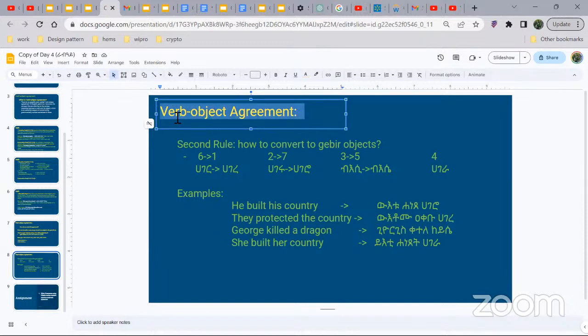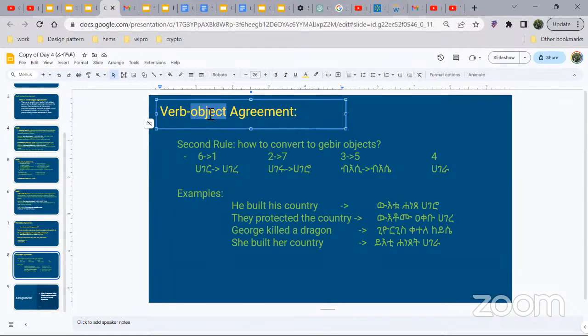If I have a transitive verb, my object should be Gabir. We don't have transitive objects in English, but literally, if my verb is Gabir, my object should be Gabir.